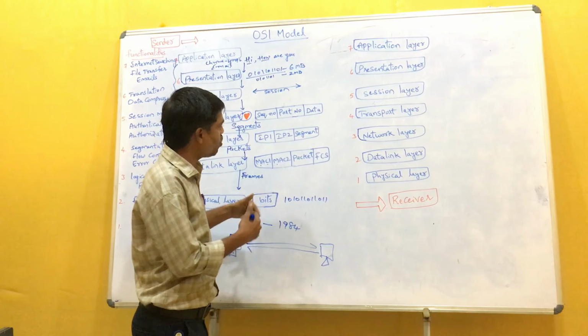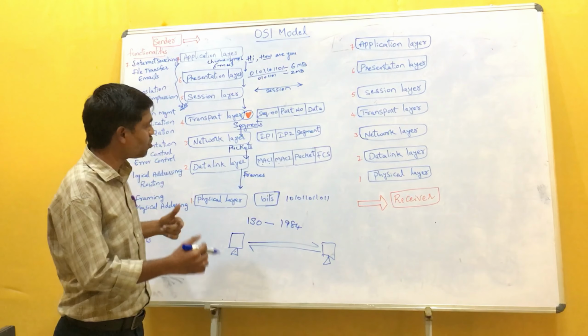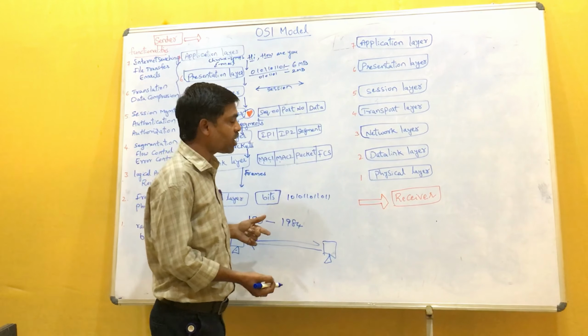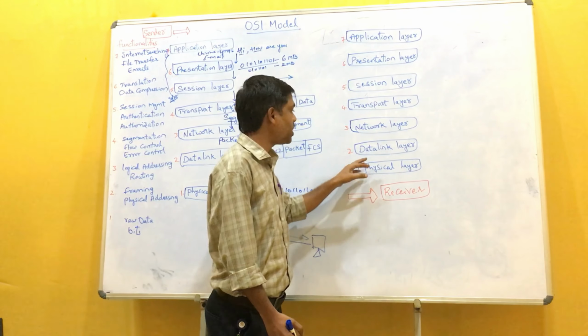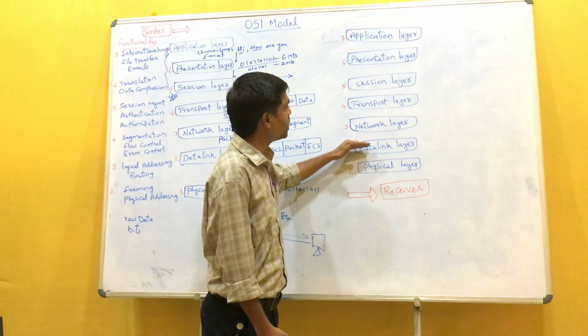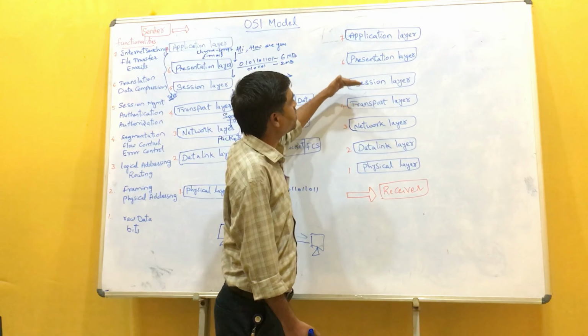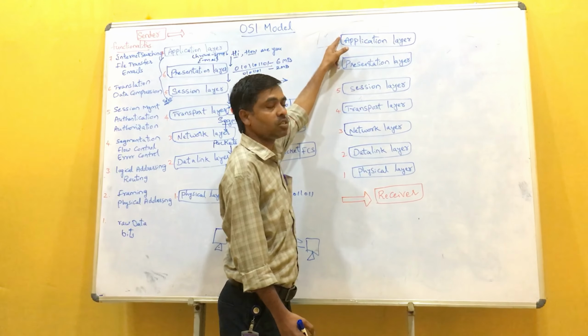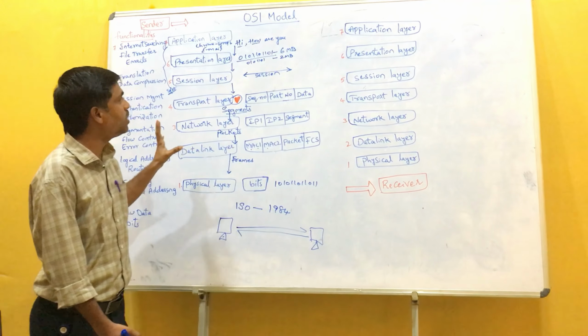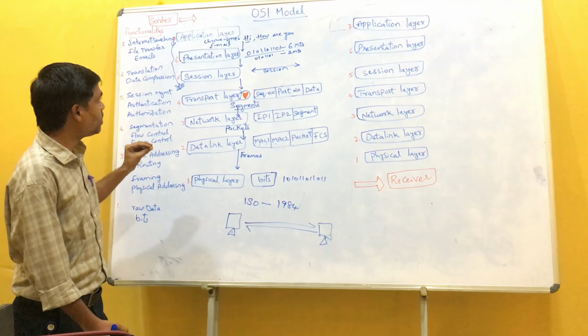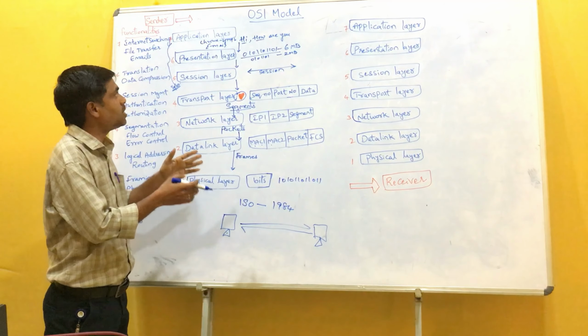The same protocol has to be followed by the receiver also. Again the task is done with the physical layer, data link layer, network layer, transport layer, session layer, presentation and application layer. Then the receiver receives the data successfully and can read the message: yes, hi, how are you.